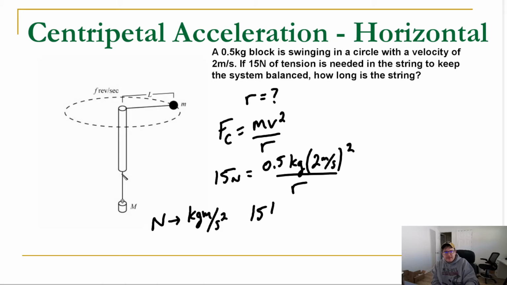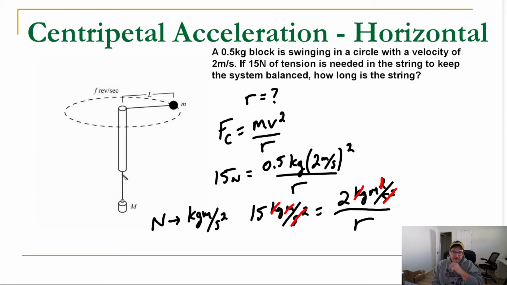So let's put 15 kilogram meters per second squared equals 2 squared is 4. Half of 4 is 2. Kilogram meters squared per second squared all over r. And so what we find out is kilograms cancel out, second squareds cancel out, 1 meter on the left side cancels out 1 meter on the right side. And so I'm left with just the units of meters. Does that make sense? Well, yeah, we measure the distance of our string in meters, so all the units will cancel out to what we're looking for.